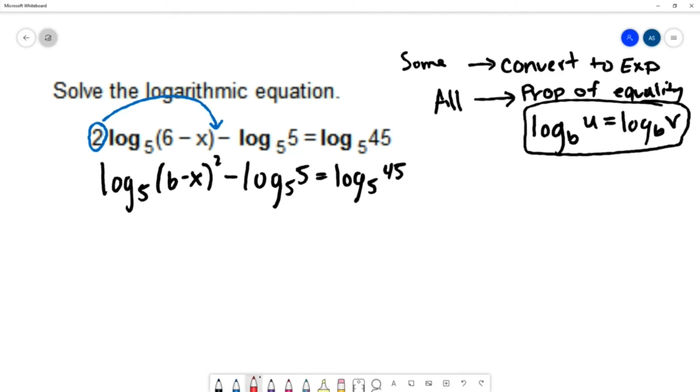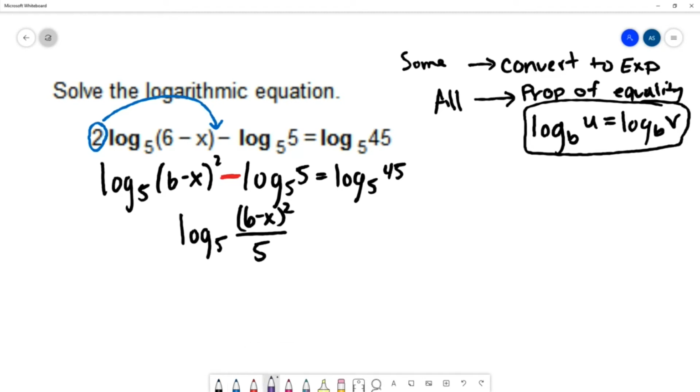Then I'm going to use the quotient rule because this is subtraction. Using the quotient rule to condense, that would be log base 5 of (6 minus x) squared over 5.